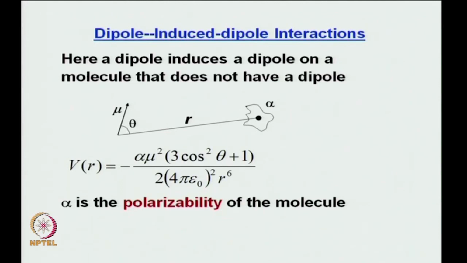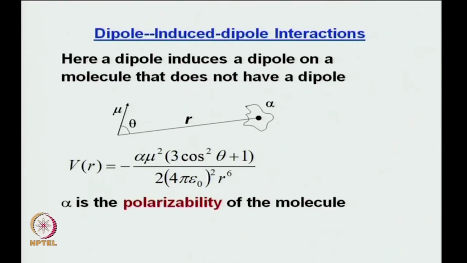The molecule is represented by a polarizability alpha, and obviously, this one is the center of the molecule, the center of mass, and the mu is the dipole. So, what this one does is the dipole induces another dipole in this molecule, and that is how you get this potential of interaction.